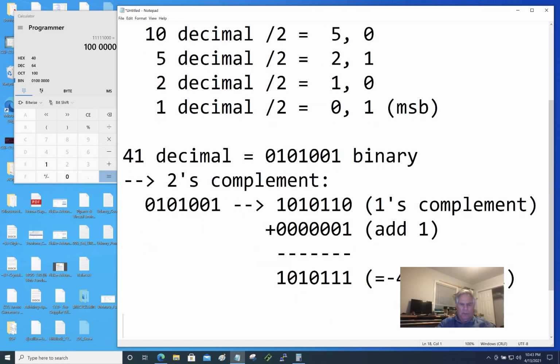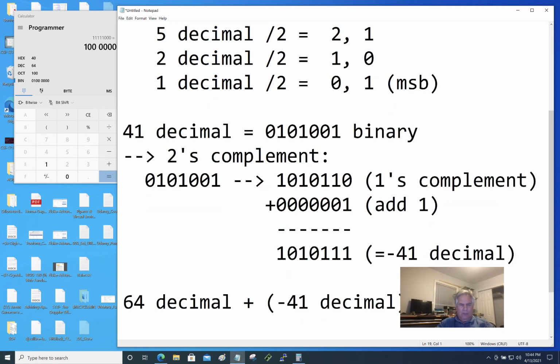Now, we're going to do 64 decimal plus a minus 41 decimal, and we'll do that in binary because we're trying to show how this binary 2's complement works.